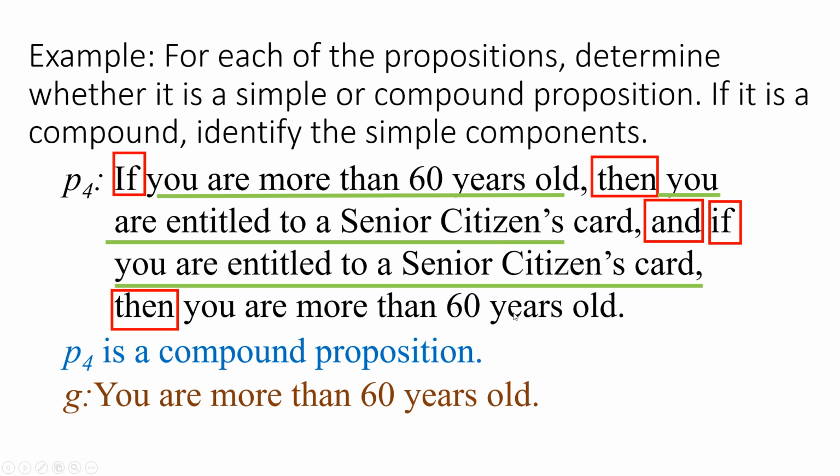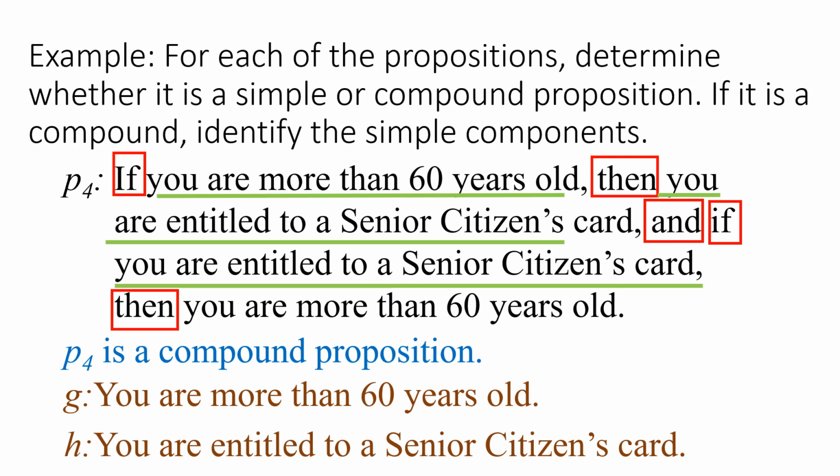But if you look into these four propositions, you have repeating sentences. So you have two propositions. The first one is you are more than 60 years old, and the second is you are entitled to a senior citizen's card.